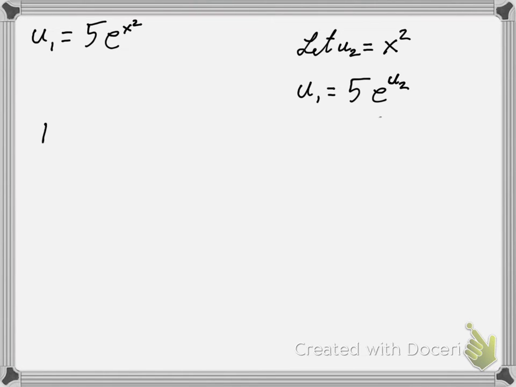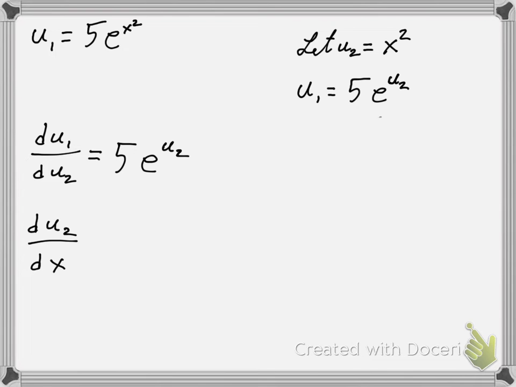So when I take the derivative of u1 with respect to u2 now, I get 5 e to the u2. And then I take the derivative of u2 with respect to x. That's the derivative of x squared with respect to x, which is just 2x.